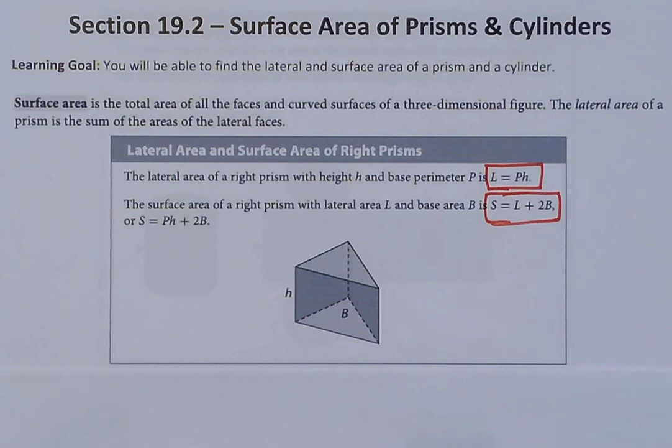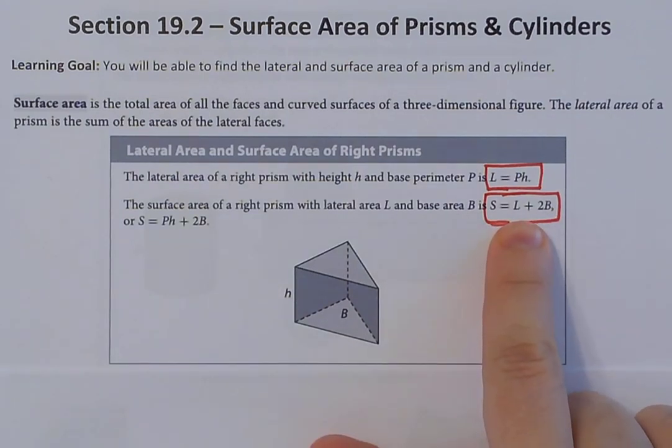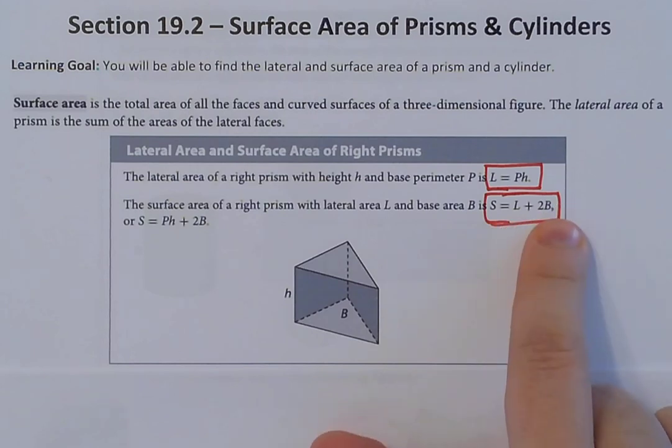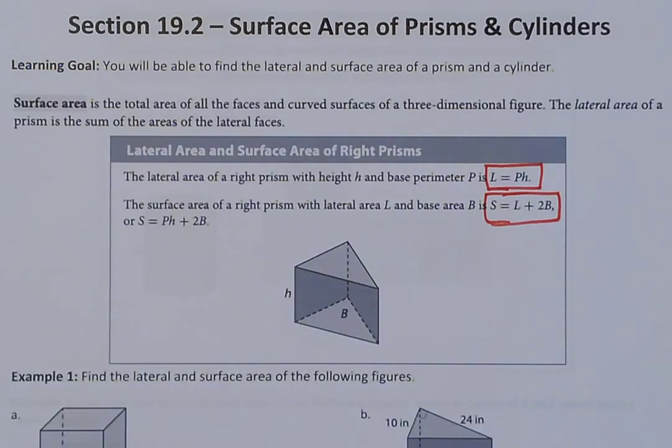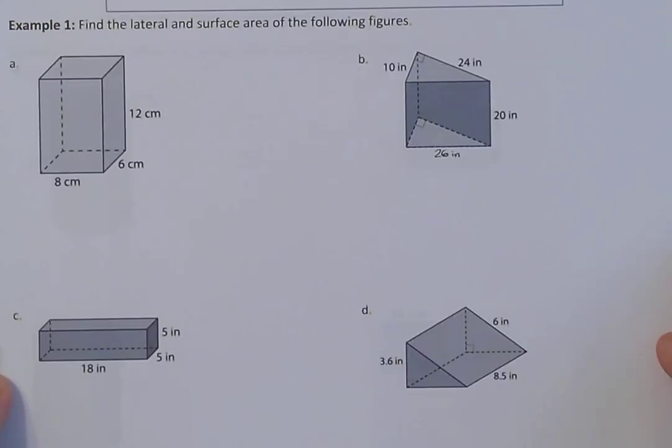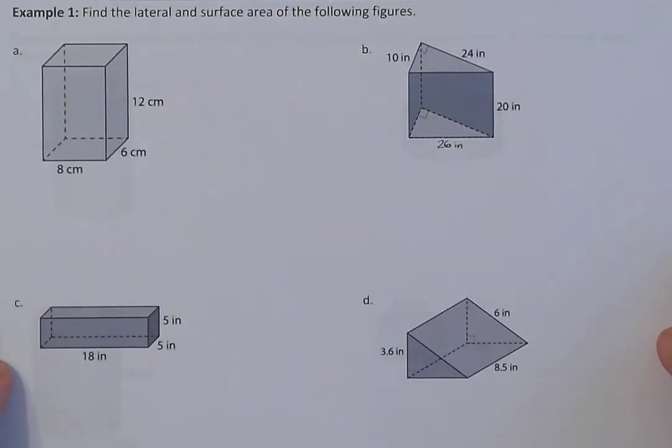We're going to find the lateral area, so that will tell us what L equals. Then we can figure out the area of the base, and then we can figure out the surface area. So with that said, let's go ahead and get into example 1 for today, where we are going to go through and find the lateral and surface area of some different 3D shapes.